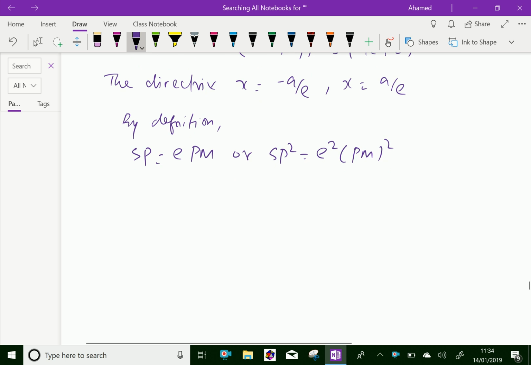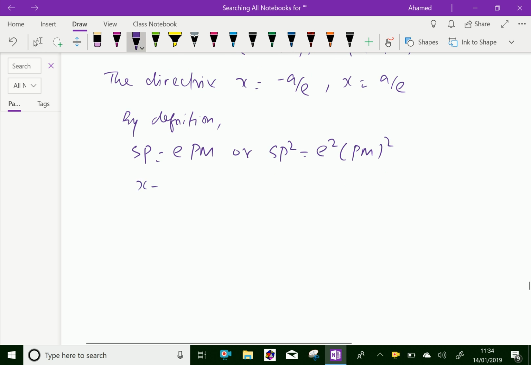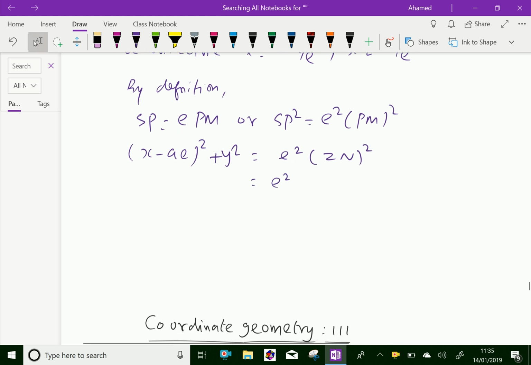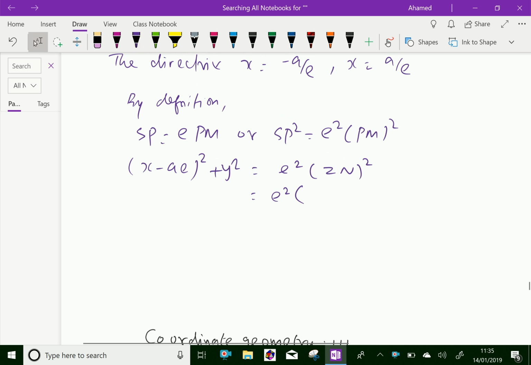Therefore SP square can be written as x minus ae the whole square plus y square, equal to e square times ZN square, which is further e square times CN minus CZ the whole square.